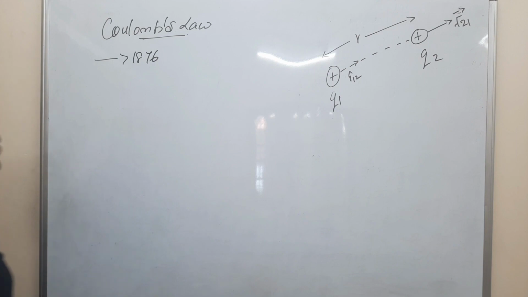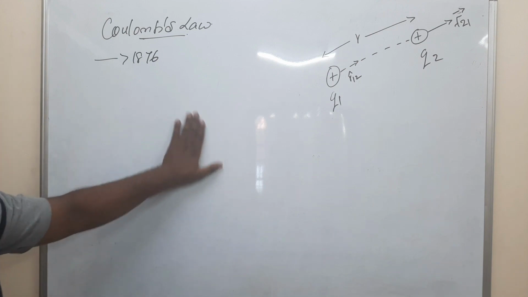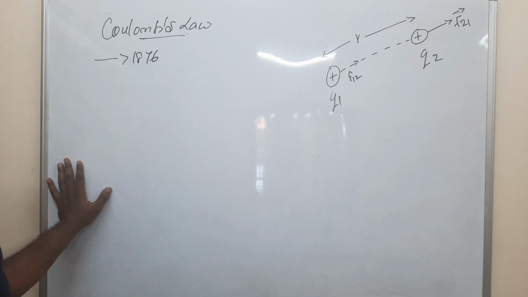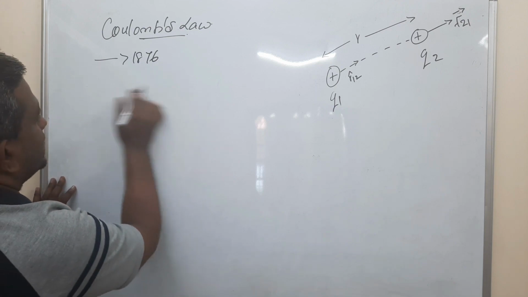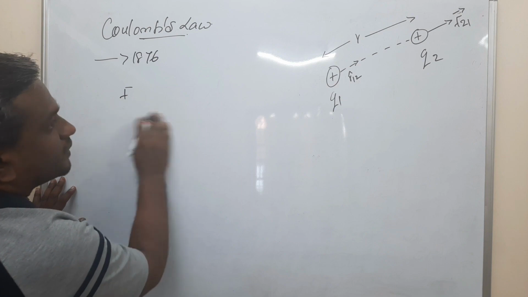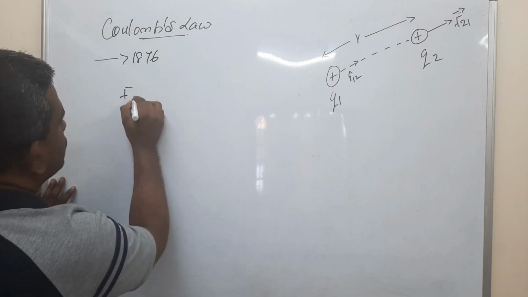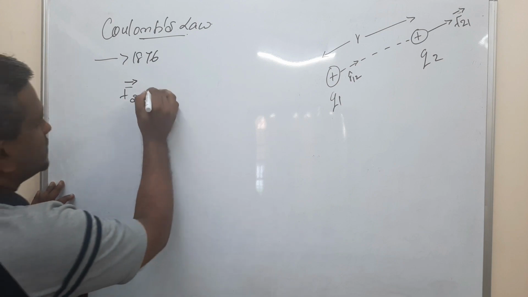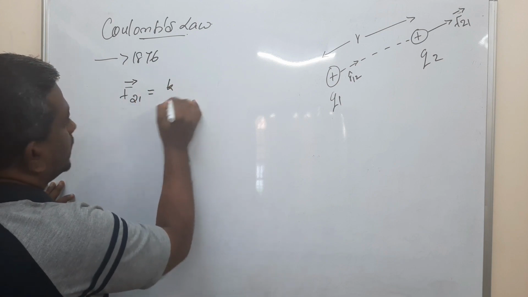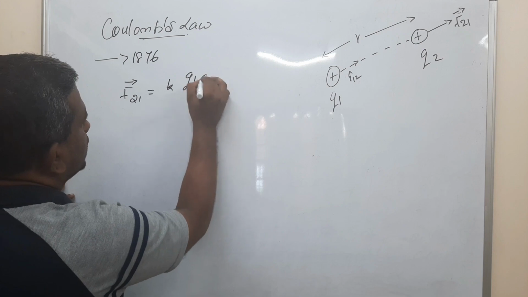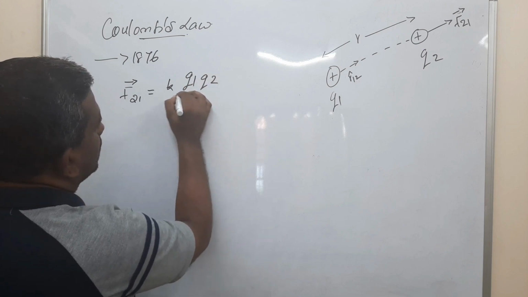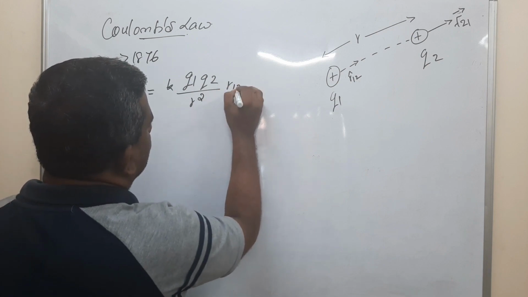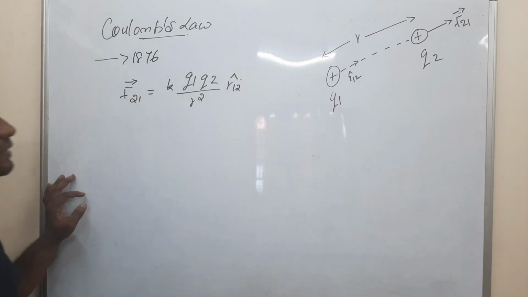So Coulomb deduced an expression for the force between the two charges. The expression is F21 vector is equal to K into Q1 Q2 by r square into r12 cap.